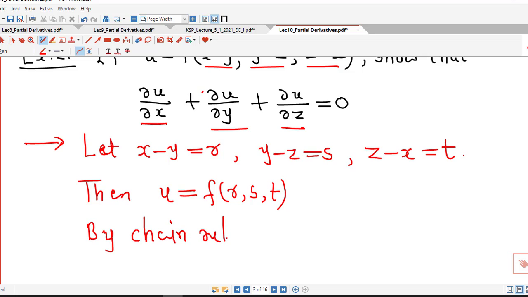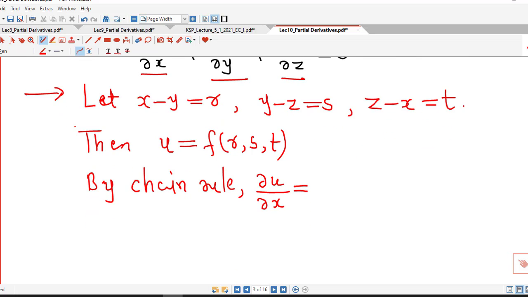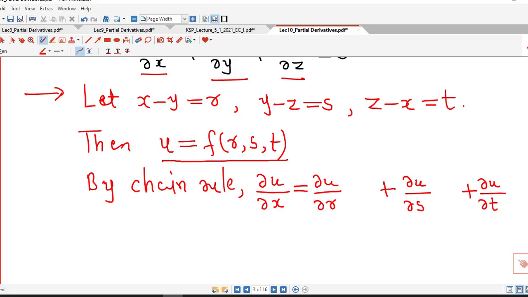So by chain rule, if we want to find del u by del x, then because u is directly a function of r s t, first we differentiate u with respect to r, s and t: del u by del r, del u by del s, del u by del t.